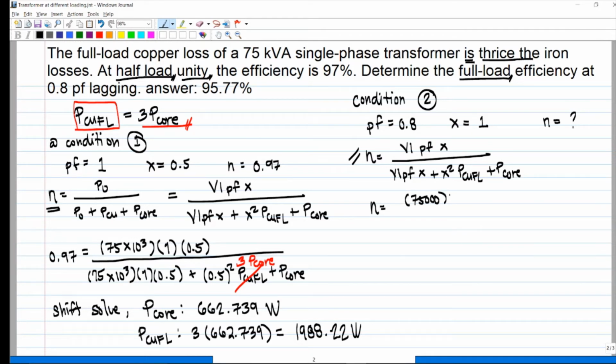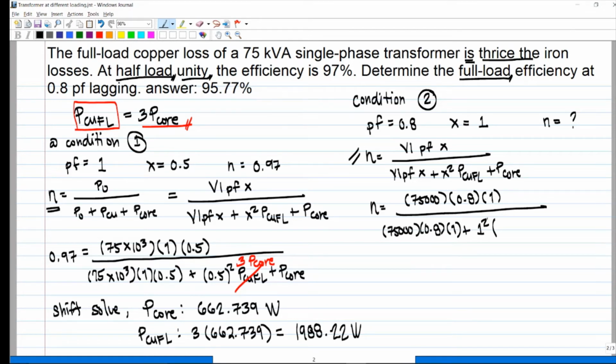75,000. The power factor at condition number 2 is 0.8 and the loading is 1, over 75,000 times 0.8 times 1 plus yung X square, that is only 1 square. And then yung PCUFL natin, hindi rin naman nagbabago yan because isang beses lang naman tayo nagkakaroon ng full load, and that is when X is 1.